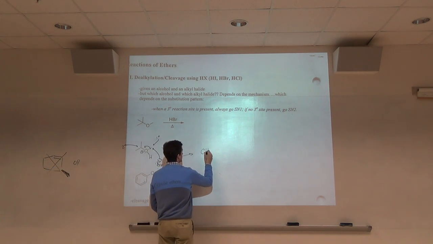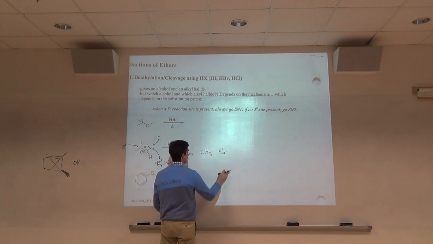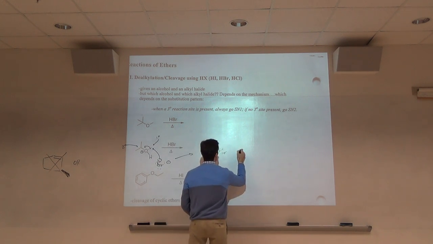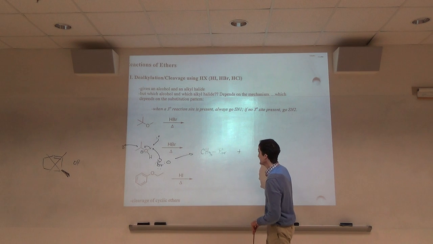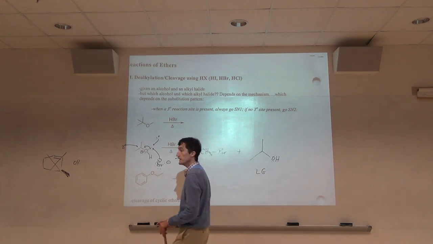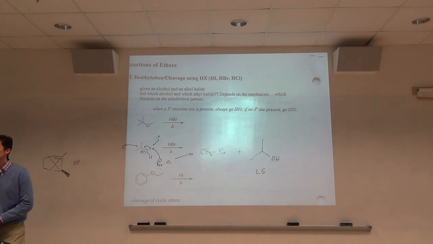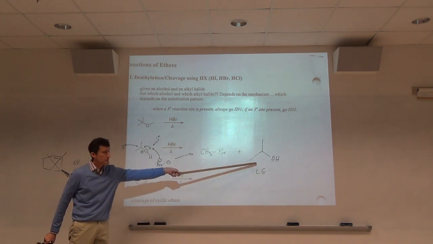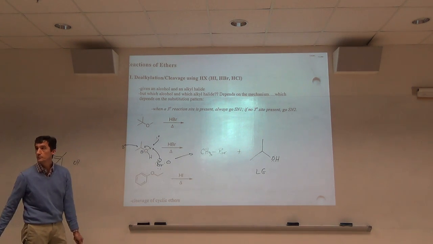We're going to get a CH3 with a Br now bonded. And what was the leaving group? The leaving group is going to be that; that's your LG. You would cleave this ether into methyl bromide plus isopropanol, 2-propanol.